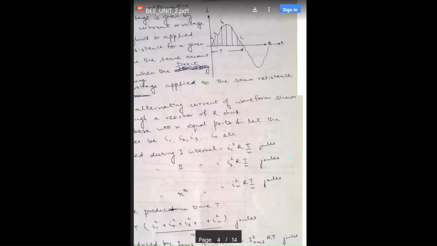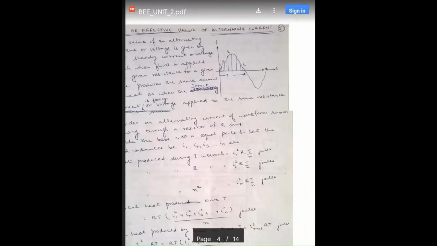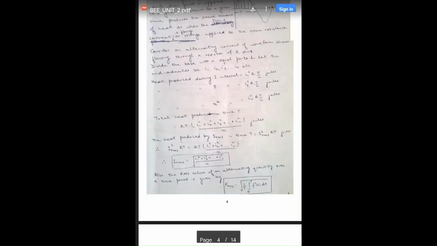So we are now in position to get the total amount of the heat produced in this non-uniform waveform. Okay, so this is the total sum of the heat produced. So heat is in the form of energy or power.